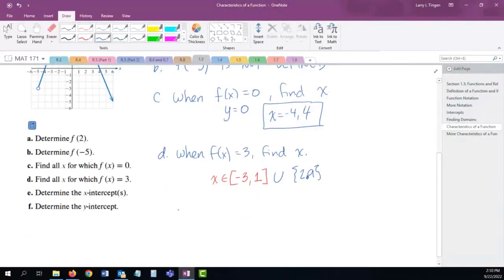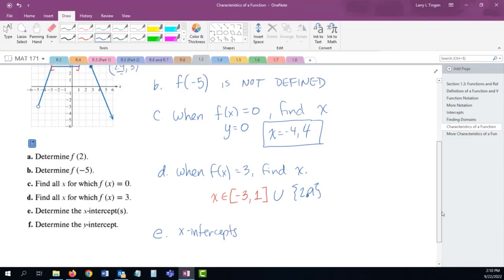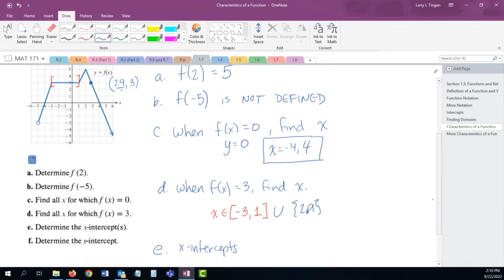All right. Now, part E and part F say find the x-intercepts. There's no math to be done because the x-intercepts are just, go right up here to the line. Where do I cross? -4 and +4.